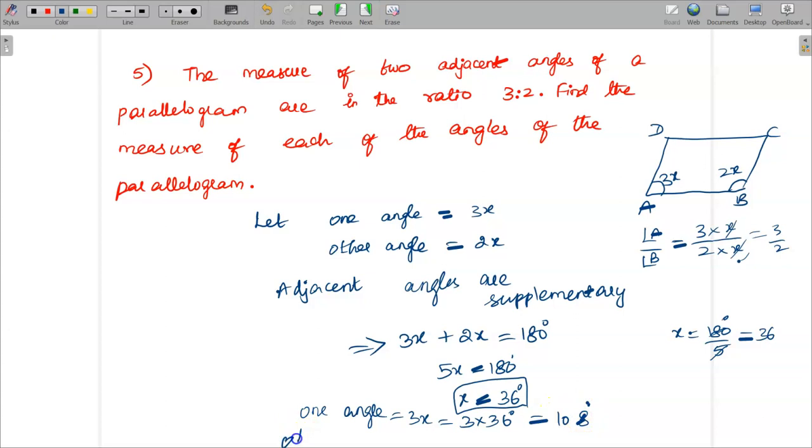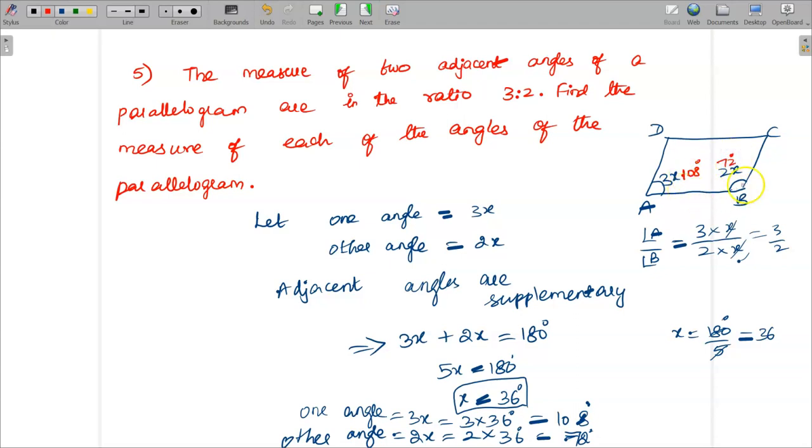Another angle is given by 2x, which is nothing but 2 into 36 degrees, which is 72 degrees. So I have determined that this angle is 108 degrees and this angle is 72 degrees.